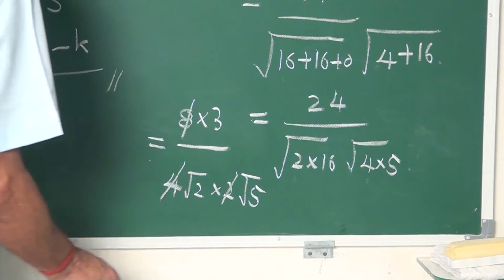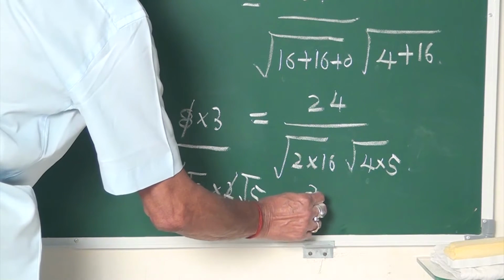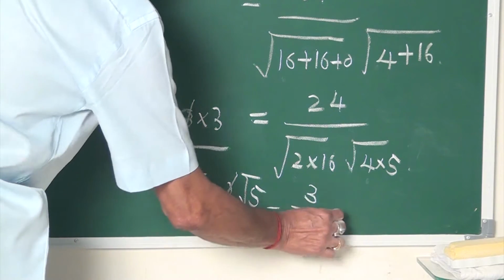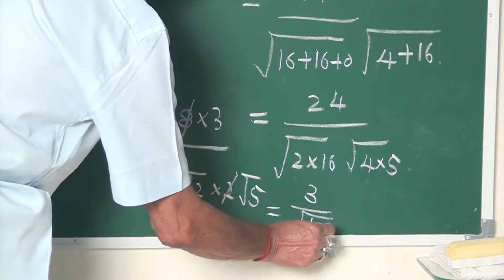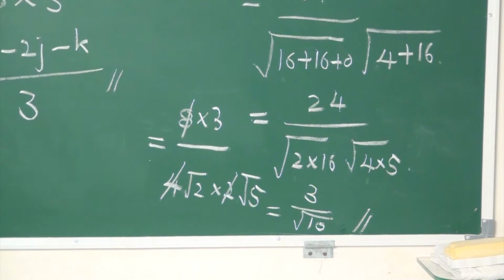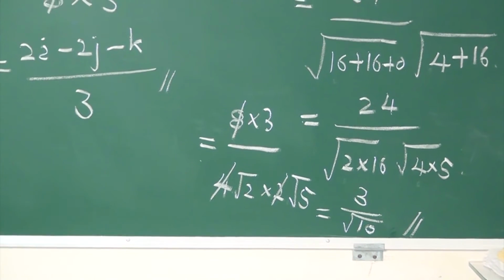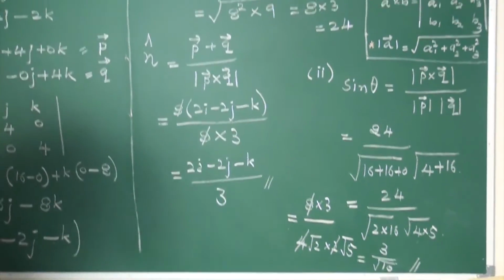So this equals 3 upon, in the denominator, root 2 into root 5, which is root 10. This is the answer for the sine of the angle between the vectors A plus B and A minus B. Okay, you copy it. I will explain once again.